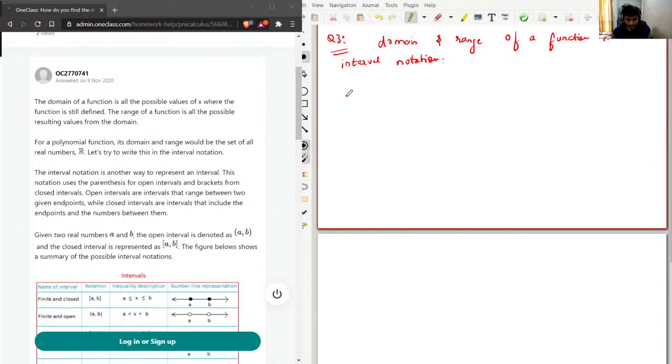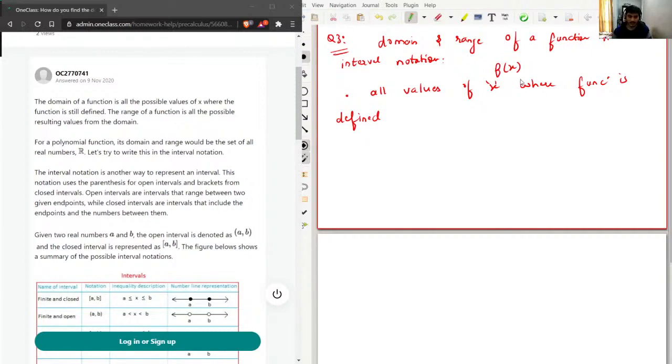So this one is important: all values of x where the function is defined.